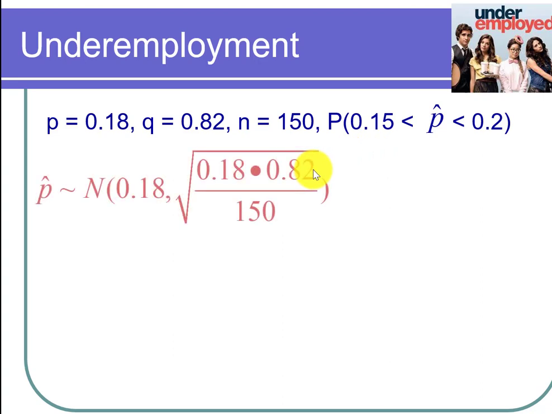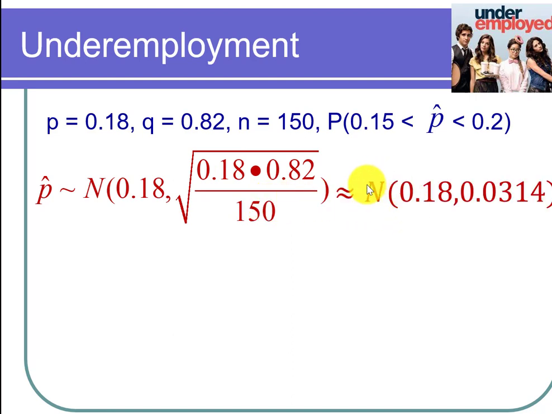So we use the central limit theorem. And notice we can do that because if we take 18% of 150, that's certainly bigger than 5, and 82% of 150 is also bigger than 5. So P hat is approximately normally distributed with mean P, or 0.18, and standard deviation square root of 0.18 times 0.82 divided by 150, or the square root of PQ over N. I pop that in my calculator, and that's normally distributed, mean 0.18, and standard deviation about 0.0314.